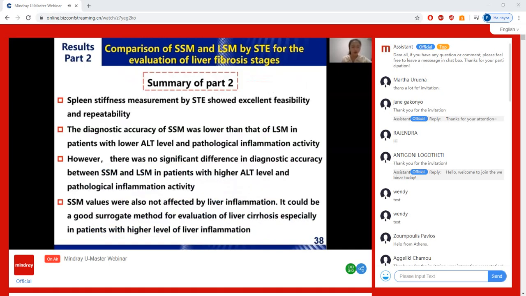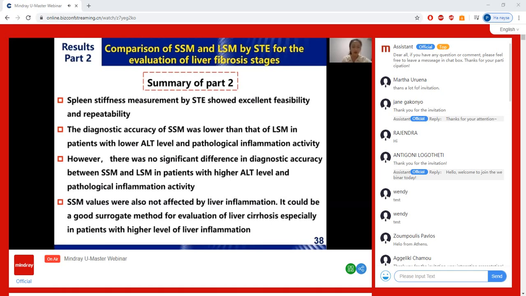In short, spleen stiffness measurement by STE showed excellent feasibility and repeatability. The diagnostic accuracy of spleen stiffness measurements was lower than that of liver stiffness measurements in patients with lower ALT level and pathological inflammation activity.